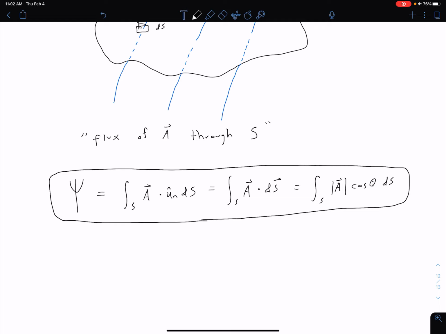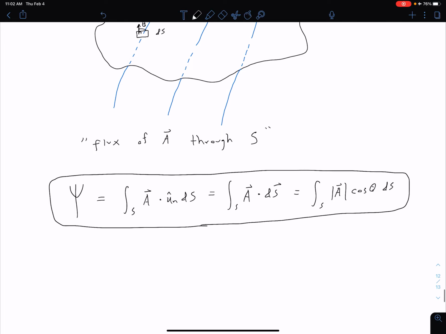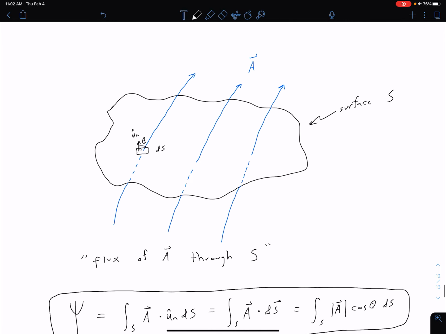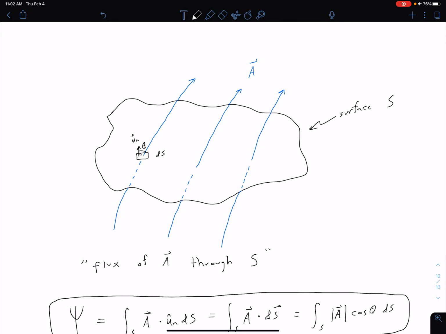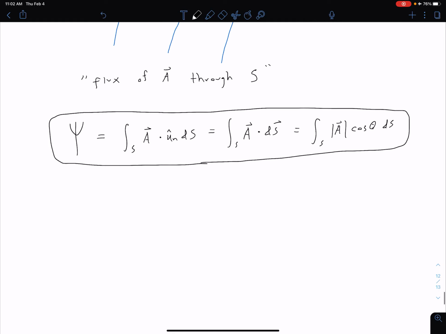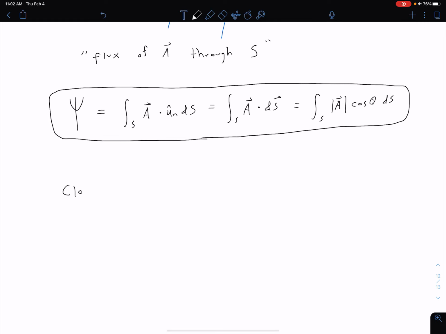Similar to our line integral, where we talked about a closed path or an open path, a line segment, the same thing applies here. In this figure, I've shown an open surface that doesn't enclose a volume, but if we have a closed surface, our terminology changes a little bit.